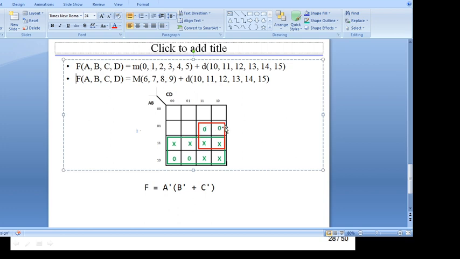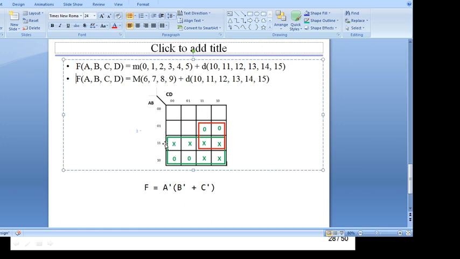Okay, again in this case, suppose this is the question in POS form, you have to solve this. You can make one octet, okay, and one quad. Okay, in case of POS, you know 1 equals x bar or 0 equals x.